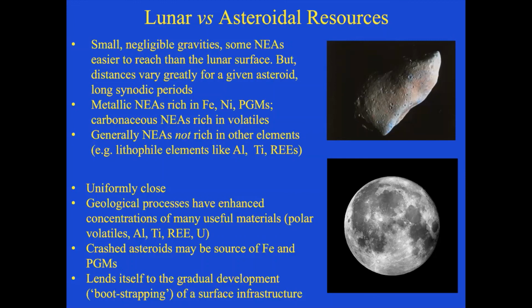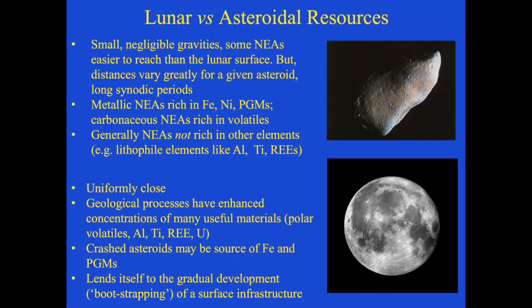But the wider point, and this is the final point I want to make, is that the moon lends itself to the gradual development of a commercial and scientific infrastructure in the way that a given asteroid doesn't. Because the moon is uniformly close to us, it has a reasonable, modest gravity of its own. It has multiple uses, scientific uses, commercial uses, maybe tourism in the perhaps not as far future as we might think.